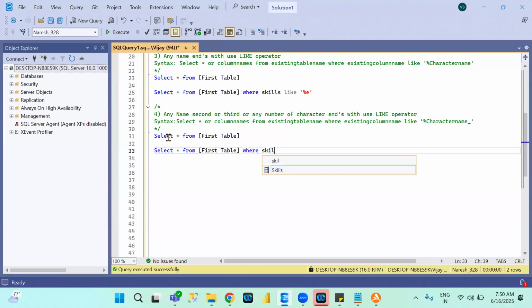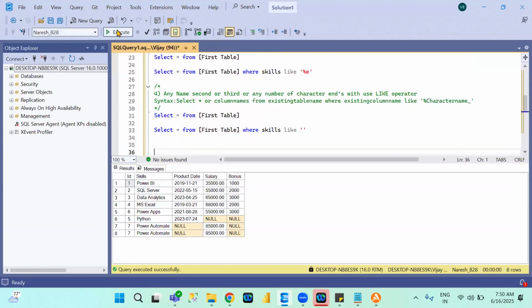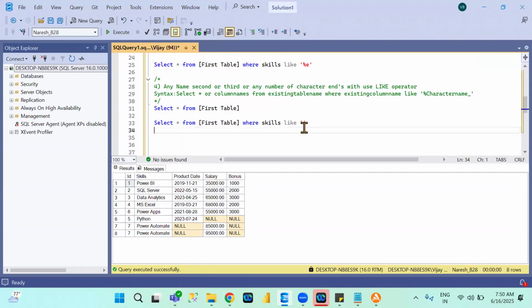Where skills LIKE, suppose, for example, percentage E underscore.